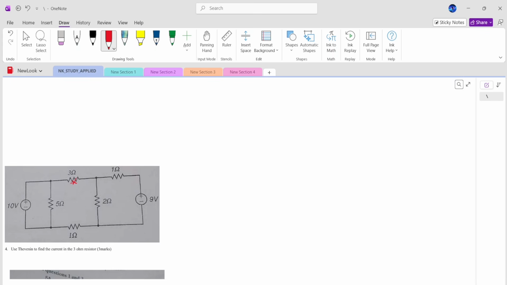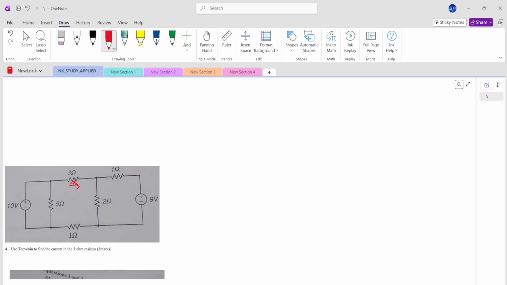So the first thing you do when you are solving Thevenin is, for instance, we want to find the current in this resistor. We have to remove that resistor, and the remaining circuit is what we are going to be working with to find our open circuit voltage VTH and our equivalent Thevenin resistance by deactivating all sources.